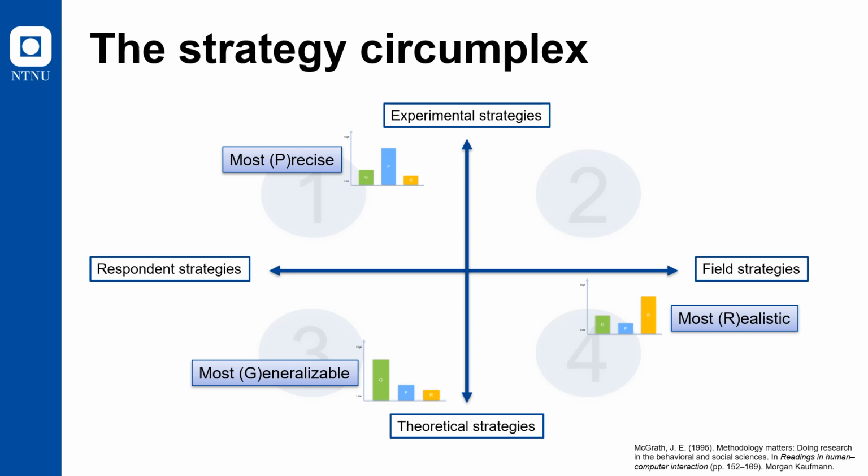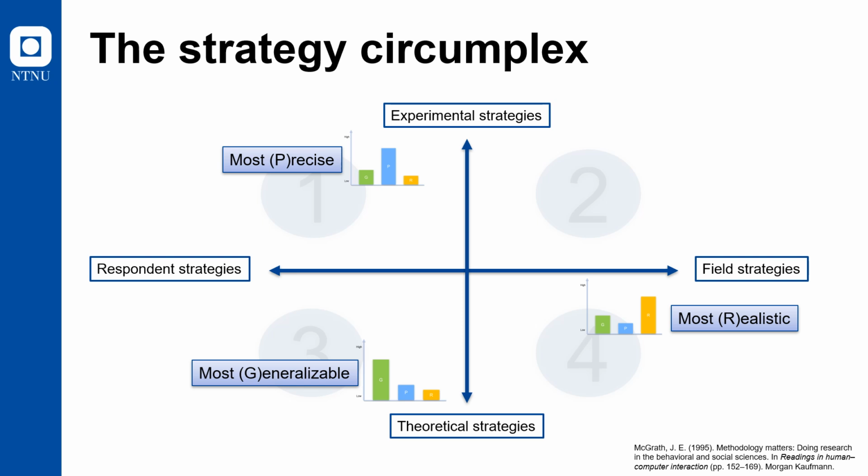Field strategies have a high level of realism in that the data is generated in a specific real-world context, for instance, observing programmers in an agile team meeting. On the other hand, respondent strategies lack realism and are based on the opinion data generated in decontextualized settings, for instance, through questionnaires. Respondent strategies are often generalizable depending on how representative the chosen sample is.